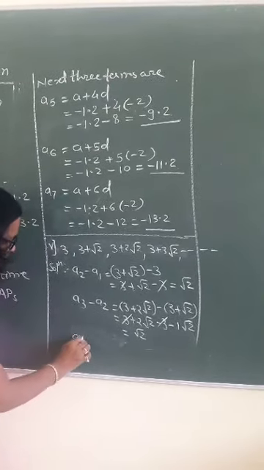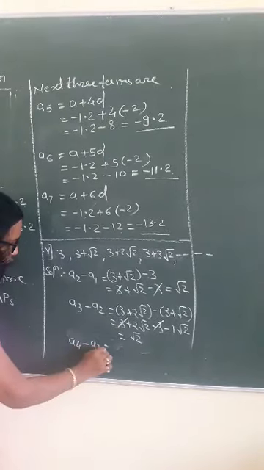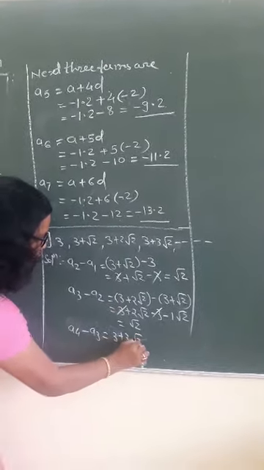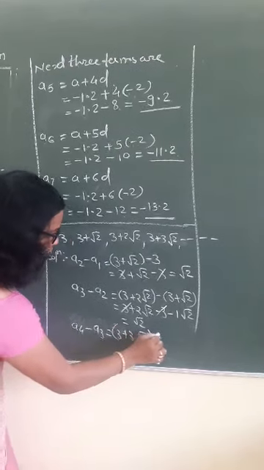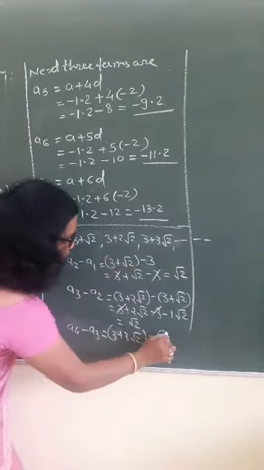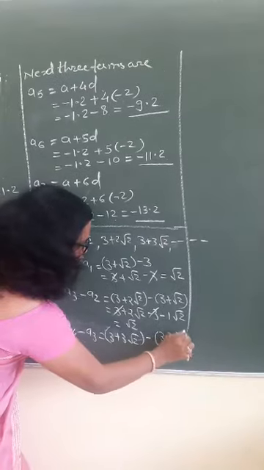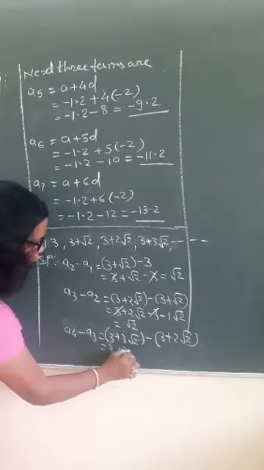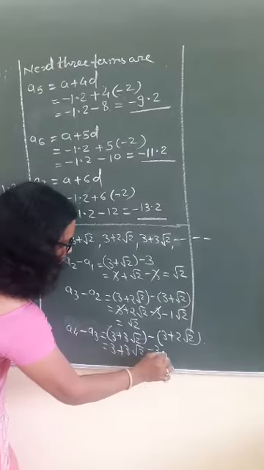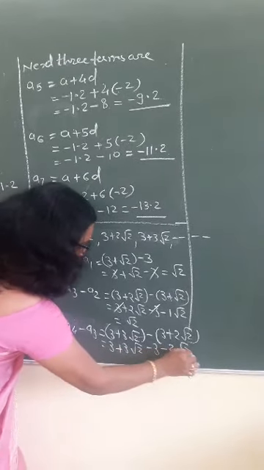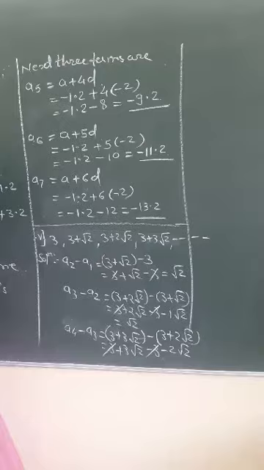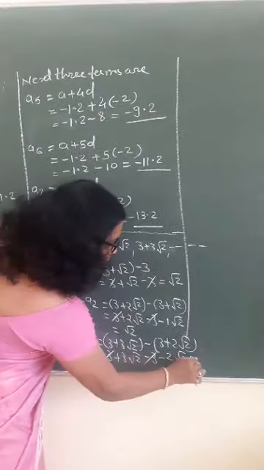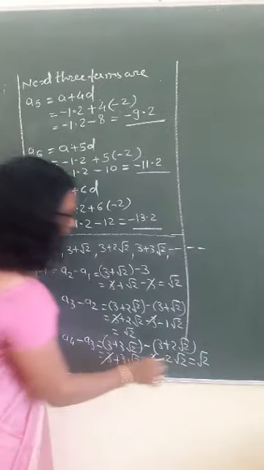Again the next term is A4 minus A3. A4 is 3 plus 3 root 2, and minus A3 is 3 plus 2 root 2. Again what are we finding here? 3 plus 3 root 2 minus 3 minus 2 root 2. The 3 cancels. 3 root 2 minus 2 root 2 is nothing but root 2.